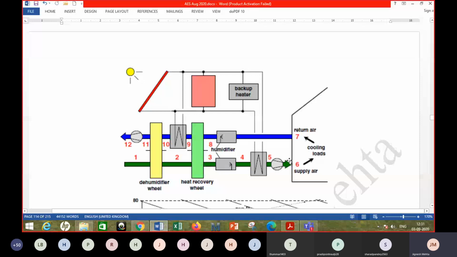Now the air outside has high temperature and high humidity as compared to what you maintain in the room. So you need to remove moisture and you also need to cool it before you put it in the conditioned space.